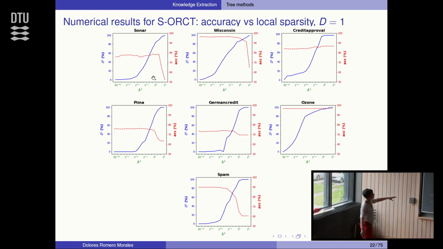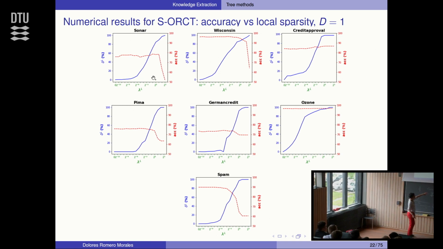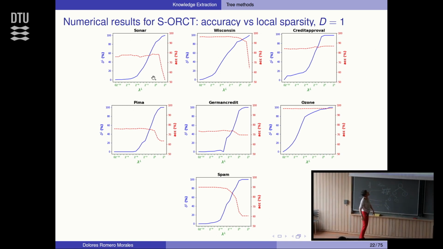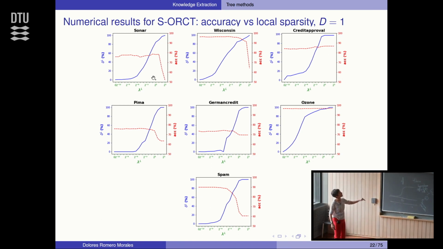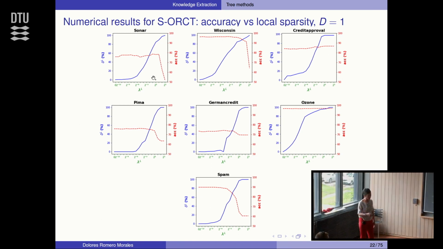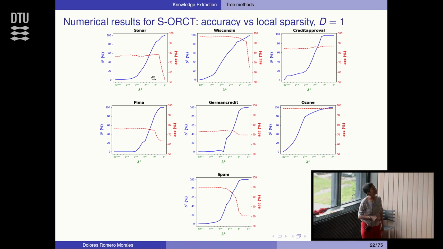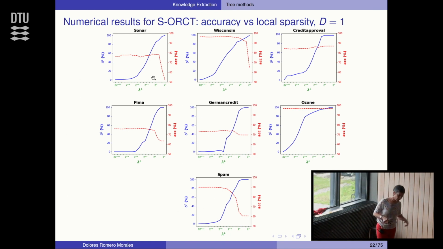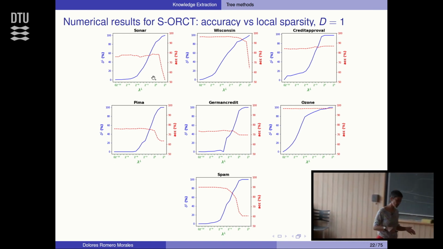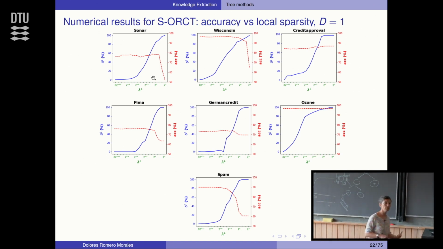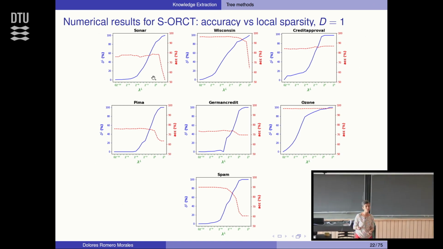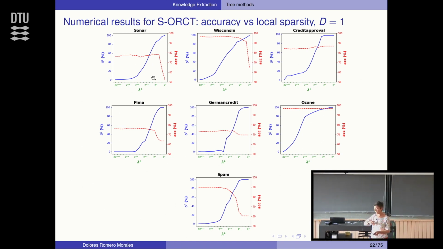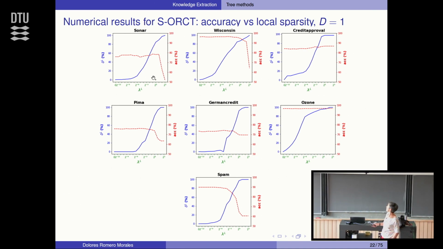Your tree is using fewer and fewer explanatory variables in both senses, local sparsity and global sparsity, but you have the accuracy flat. Now, the running time that we have here is a few seconds, while the papers that we talked about using integer optimization were running for several minutes and getting less good results than we did.